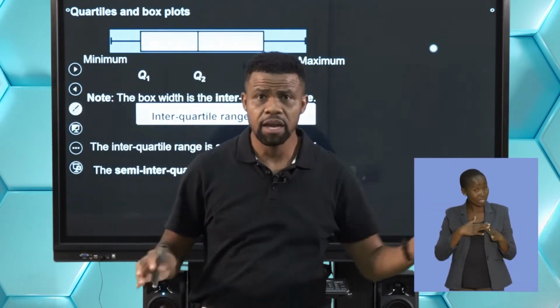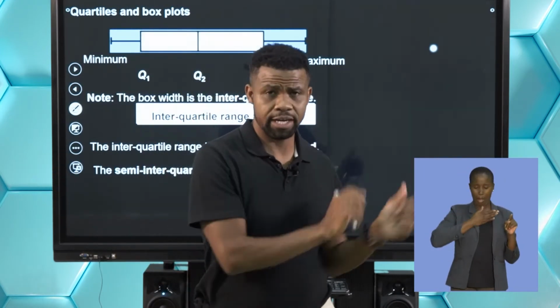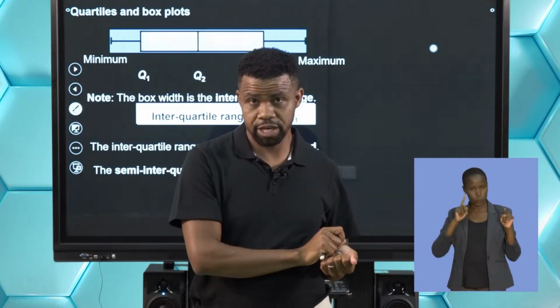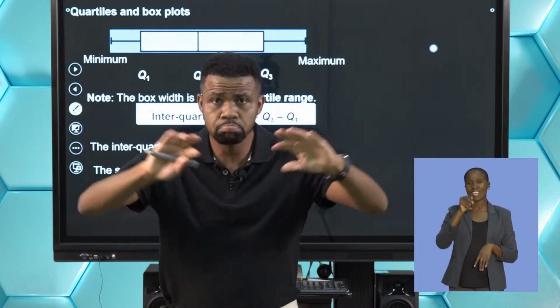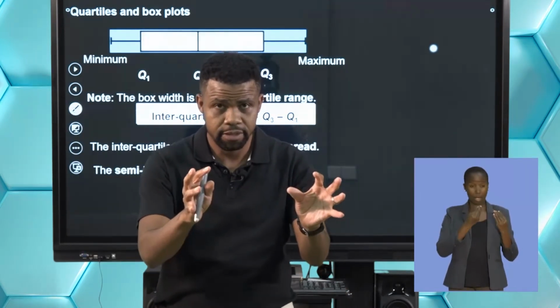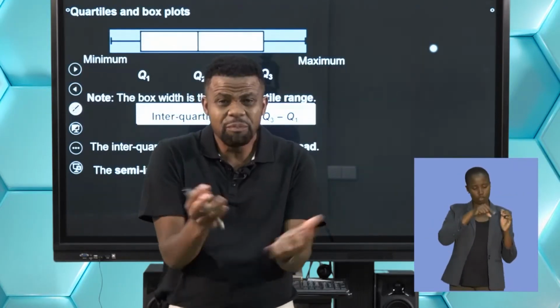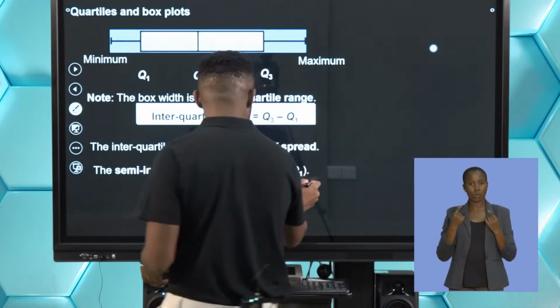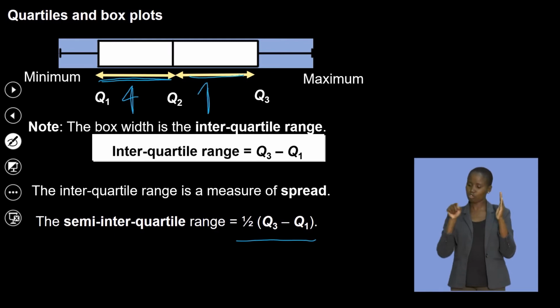The extreme high or low numbers. Are we together? But the interquartile range is very good because extreme values don't affect it. The semi-interquartile range is good for symmetric data. Are we all together?